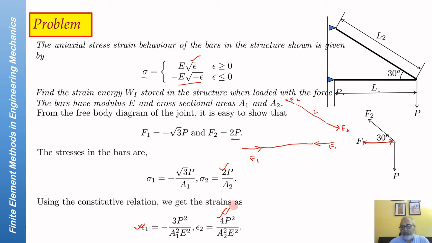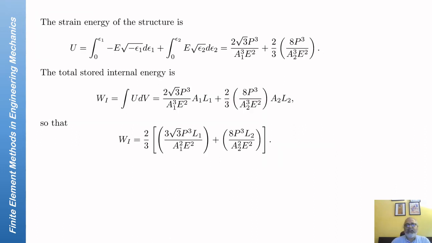Now I have to find the internal energy, and to find it I will have to integrate sigma ij epsilon ij to get the u. However, here there's only one component of stress, that is sigma, and one component of strain, that is epsilon.